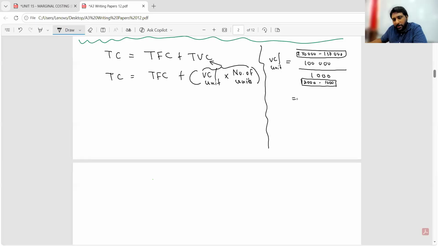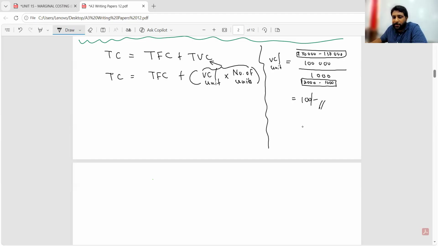Then what is the variable cost per unit? 100 rupees. Sorry, it is 100 rupees. So for this one also, I can create a formula.